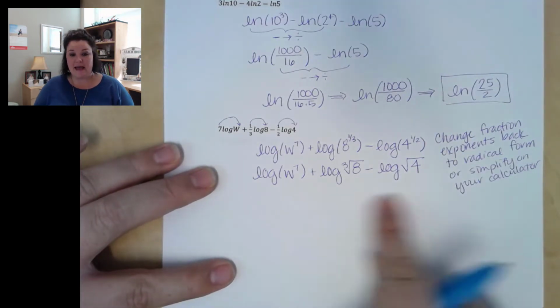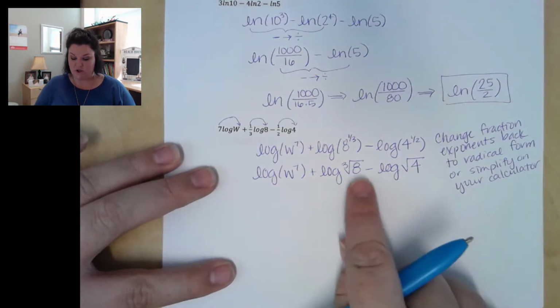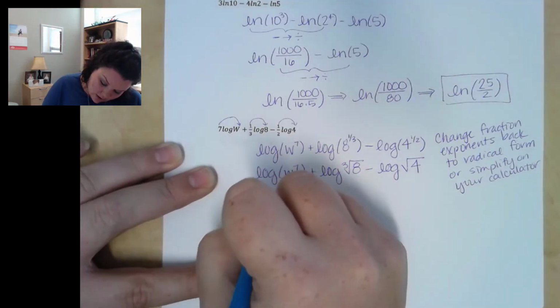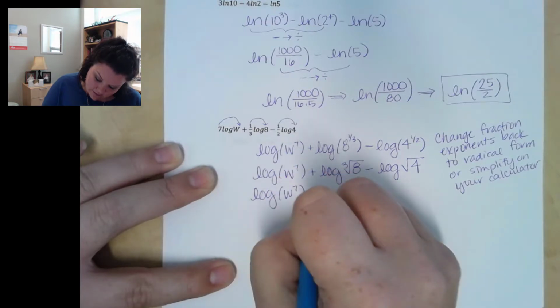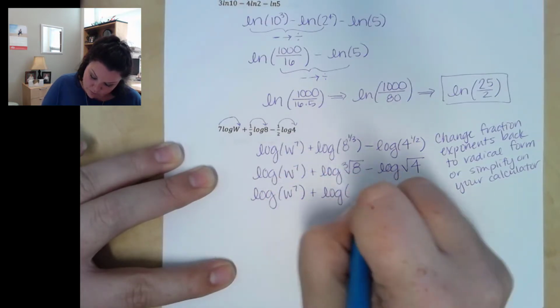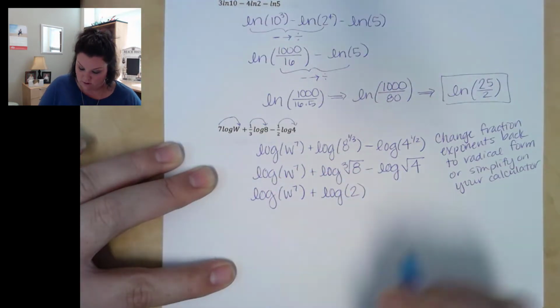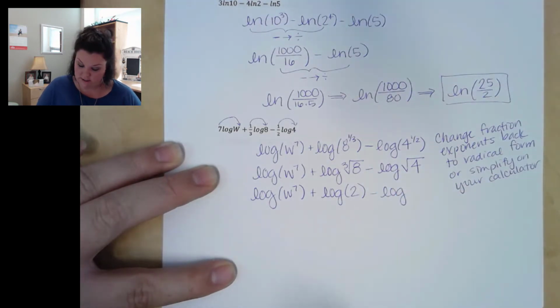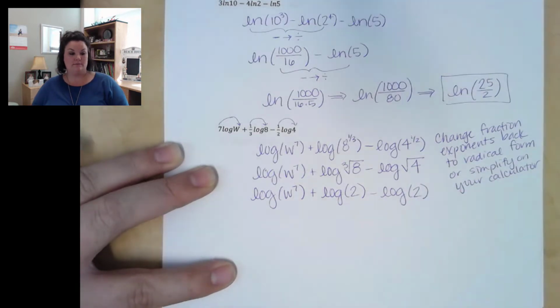Then I can simplify those because I know what the cube root of 8 is and the square root of 4 is. So this gives me log of w to the 7th plus log of 2 minus log of 2.